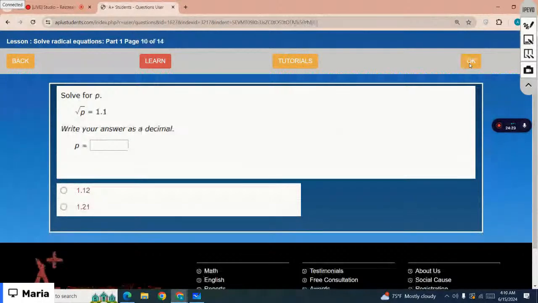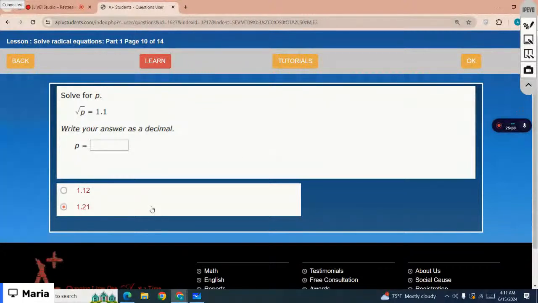Solve for p, which is the correct option. That is p equals 1.21 because you have to square both sides, right?